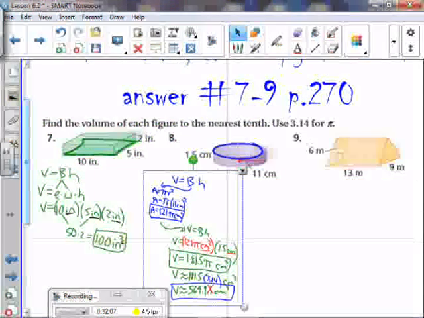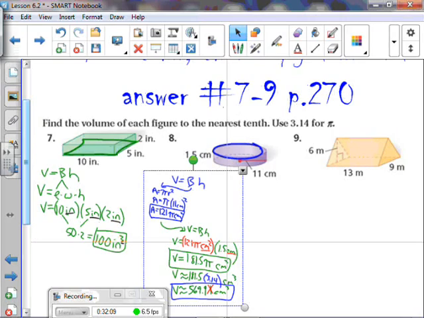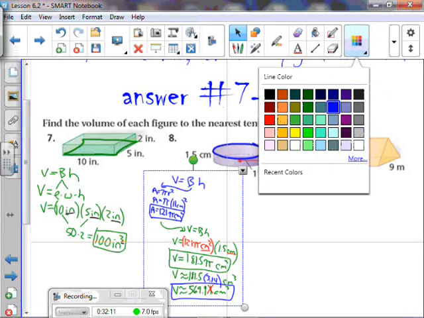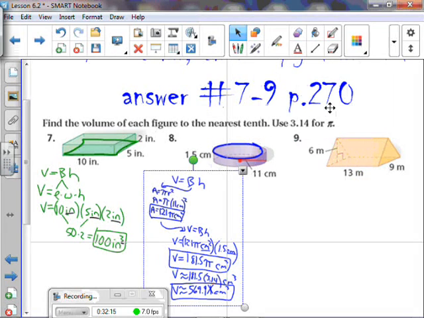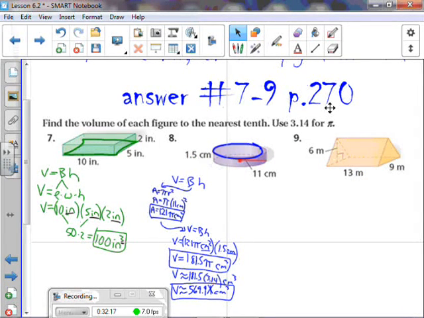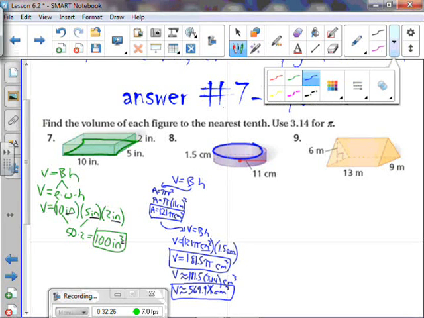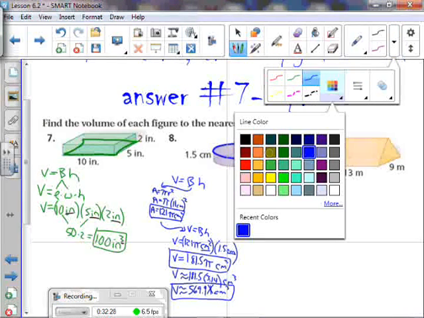Just because I like keeping things coordinated, I will turn all the color to blue, because we were working with a blue shape. Now let's go to yellow. Let me change this real quick. Okay? And we are dealing with a triangular prism now.